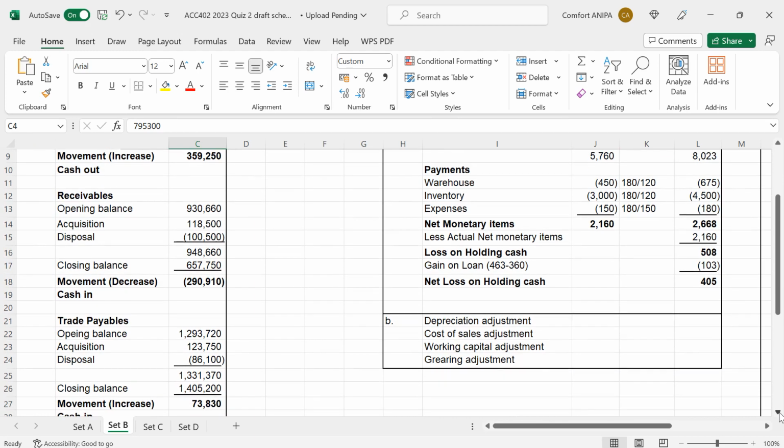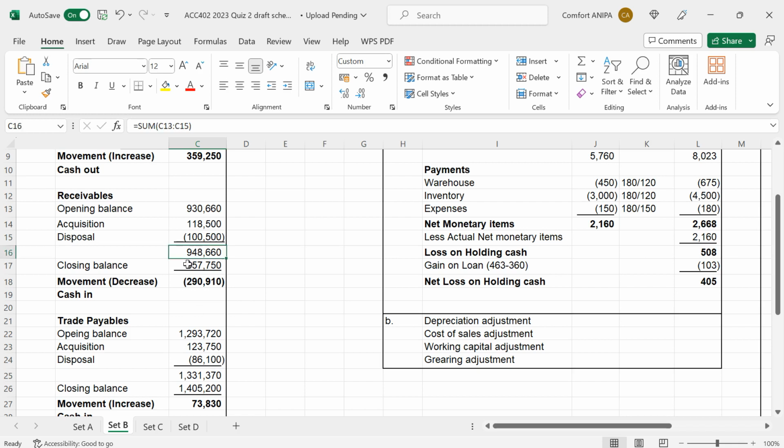So again, with receivables, it is a decrease in receivables, which is an indication that the receivables have turned into cash. So it's a cash inflow.